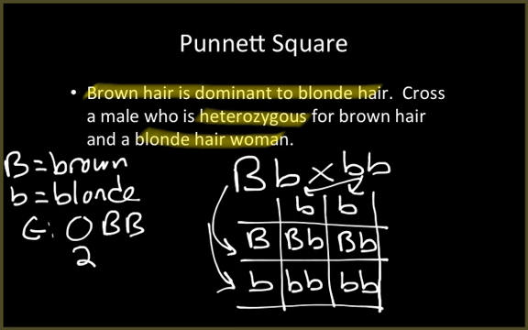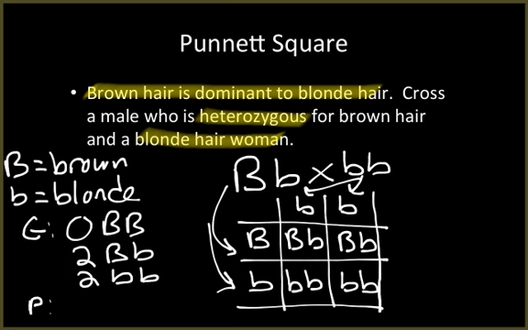We have 2 that are big B, little b. And how many are homozygous recessive? 2, little b, little b. Okay? So 0 that are dominant, 2 that are heterozygous, and 2 that are homozygous recessive.